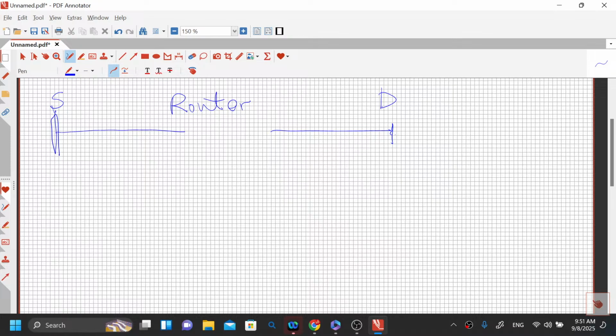I use a different way to illustrate how we get the time. First of all, we have an axis. It's a time axis. So this is time.